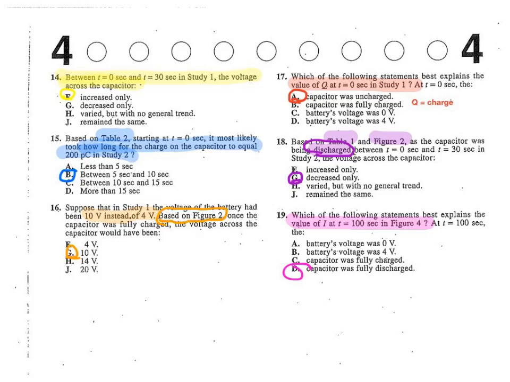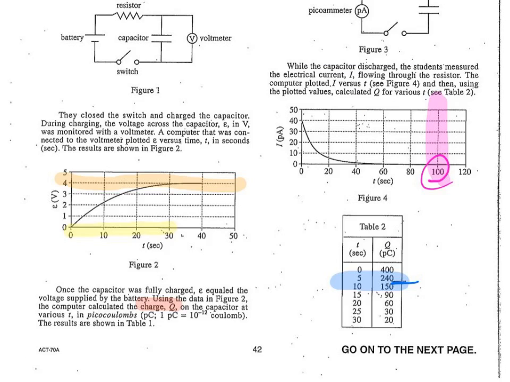Number 17 reads, which of the following statements best explains the value of Q at a time of 0 seconds in study 1? At a time of 0 seconds, the blank. Well, we know that we're looking at study 1, but you might be asking yourself, what's Q? If we jump back, we could see that it explained to us that Q equals charge.